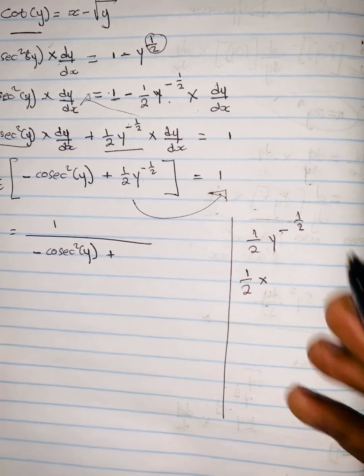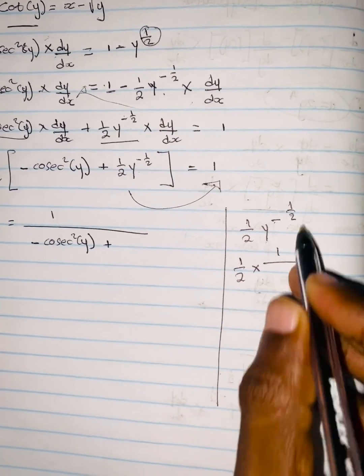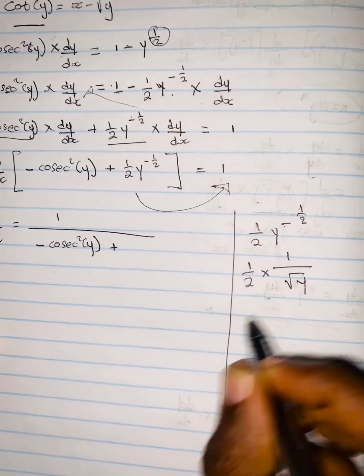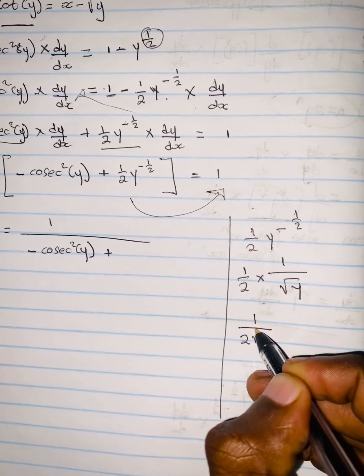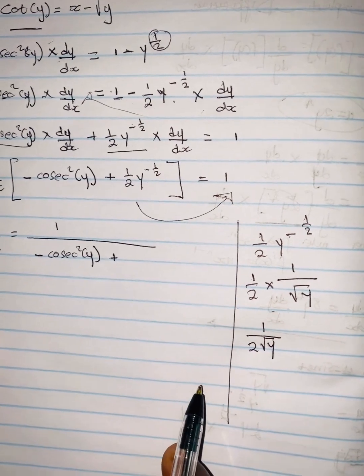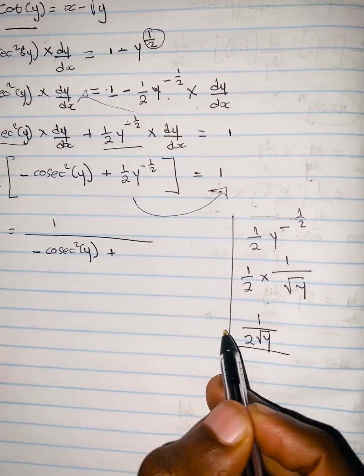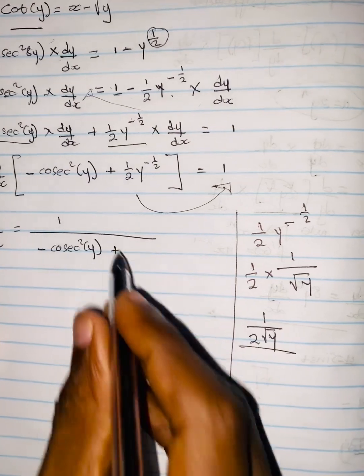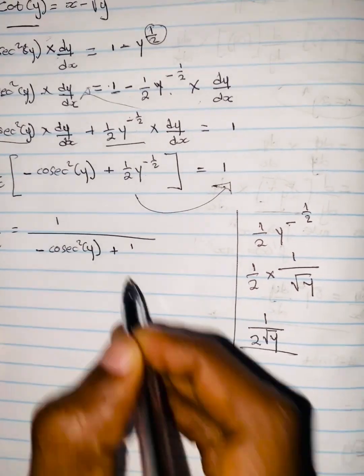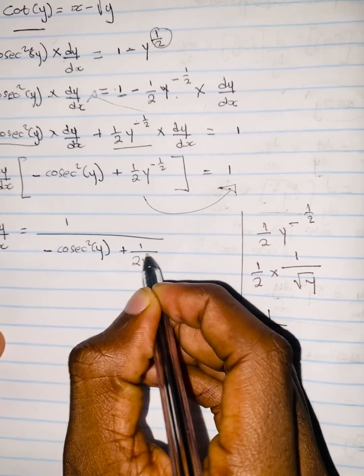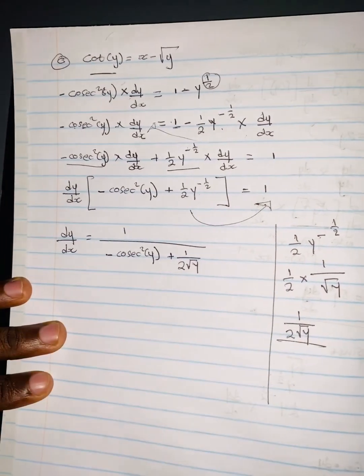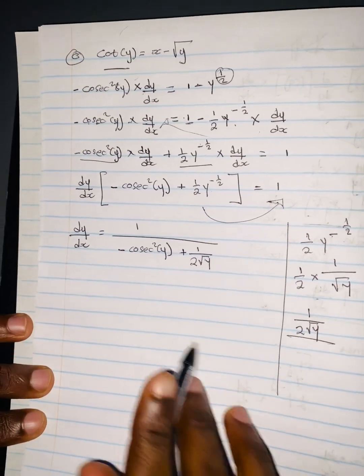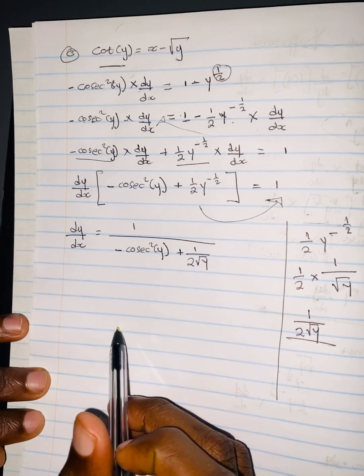Because it's negative, it's going down. 1 over the root of y. Multiply these two, we have 1 over 2 root of y. Okay, take this, we'll put it here. See? 1 over 2 root y. Okay. So this can be our final answer.